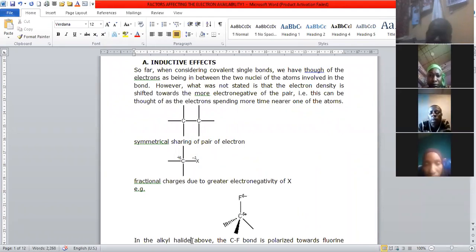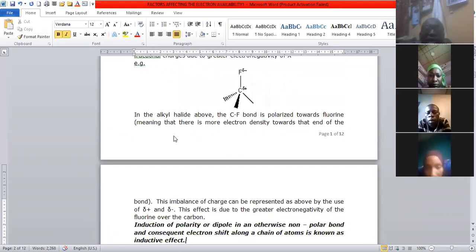The explanation given here is that in the alkyl halide above, the carbon-fluorine bond is polarized towards the fluorine atom, meaning there's more electron density towards the fluorine end of the bond. This imbalance of charge is represented above by partially positive and partially negative.